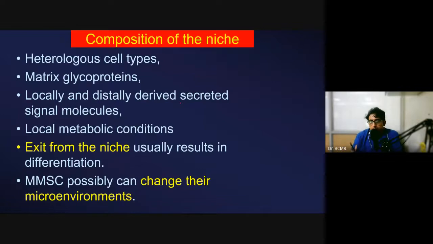So what does the stem cell niche have? It has heterologous cell types. This is true for cancer stem cells or even adult stem cells. It is almost the same. We have several different types of cells, that is the heterologous cell types. There is extracellular matrix, and there are matrix glycoproteins, and there are signals coming from the external side which might have a role in how this stem cell behaves.